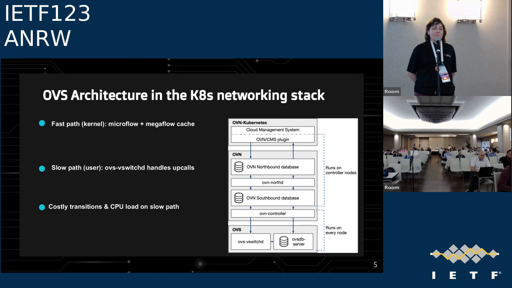This is basically how you would see OVN and OVS containers or components running spread around your cluster if you're running Kubernetes. So you have at the bottom at least 2 pieces of OVS running on every worker node. If you have a very large cluster or a distributed cluster, these are entities that talk very frequently with the control plane nodes, which run other entities of OVN and OVS as well.